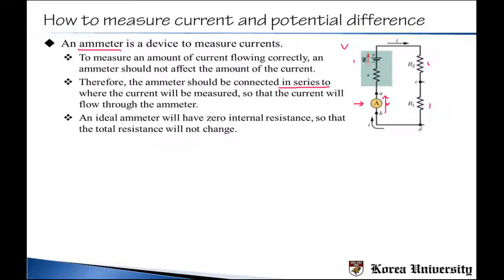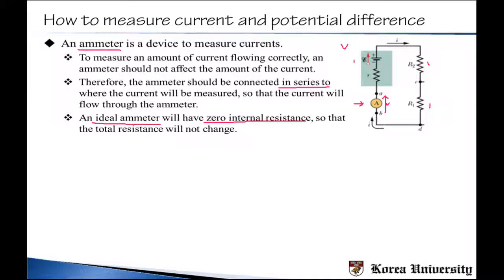If that happens, then the total amount of current may again decrease, right? You do not want that to happen. Therefore, the ideal ammeter will have zero resistance, right? And of course, in real life, there is nothing ideal. So the ammeter will have some resistance, but if you make a good ammeter, you will make its internal resistance as small as possible.